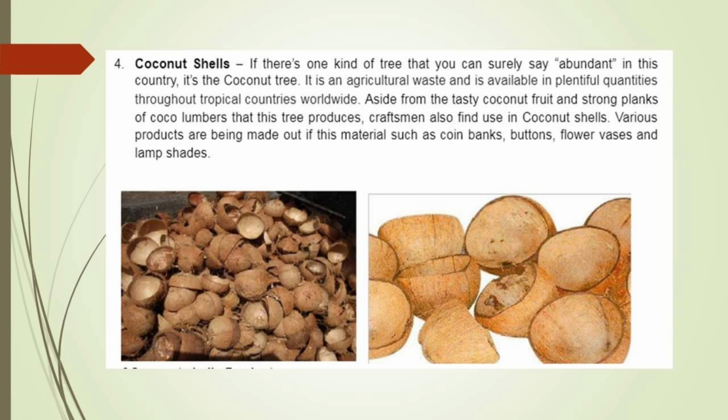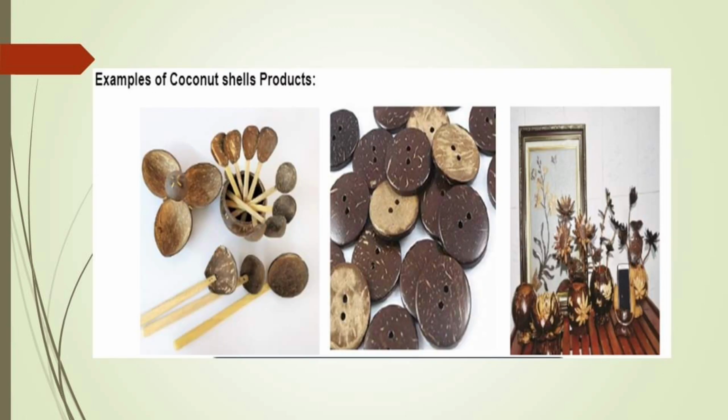Aside from the tasty coconut fruit and strong planks of coconut lumber that this tree produces, craftsmen also use coconut shells. Various products are made out of this material such as coin banks, buttons, flower vases, and lampshades.